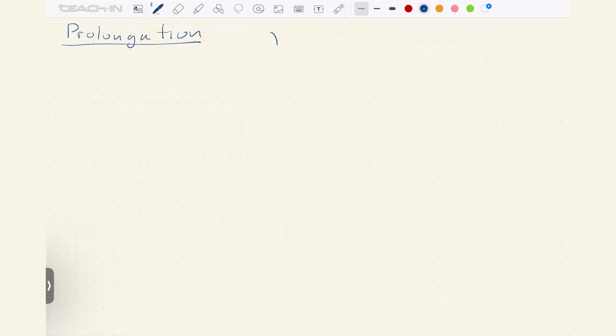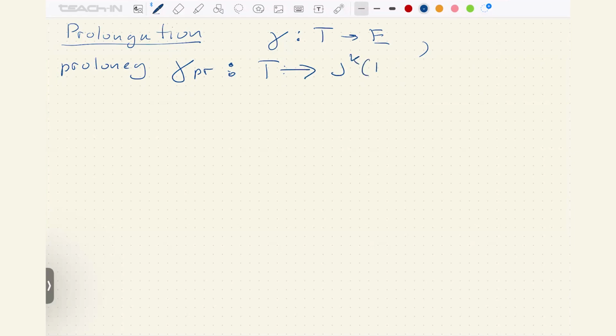So what does it mean? If we have a section gamma: T to E, then we can associate to it the prolonged gamma, which is a section of the associated jet bundle, T to J^k E. So what is this?